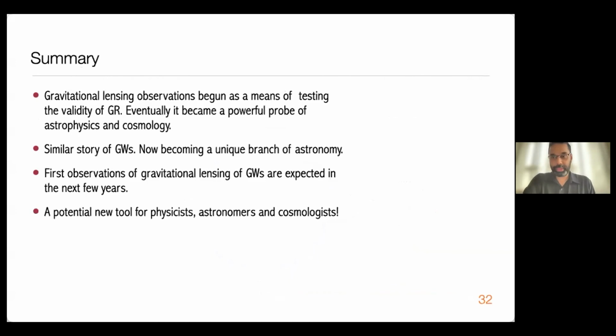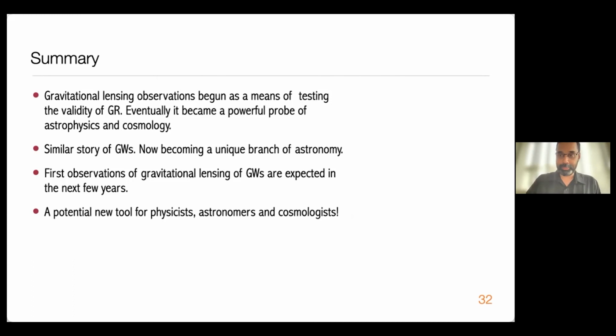So let me summarize, to give you a big picture. We know that gravitational lensing, with Eddington's observation, was first a means of testing Einstein's theory, but eventually it became a powerful probe of astrophysics and cosmology.